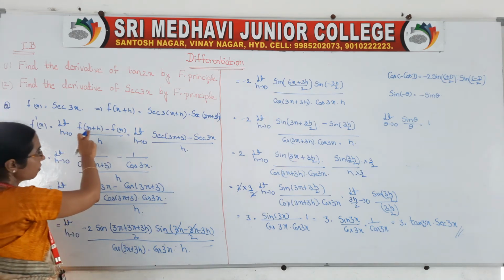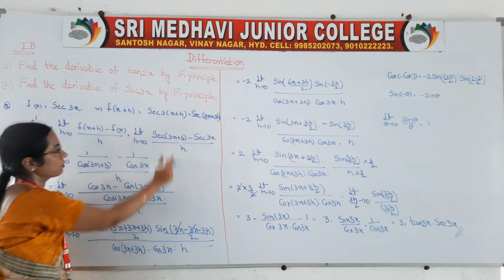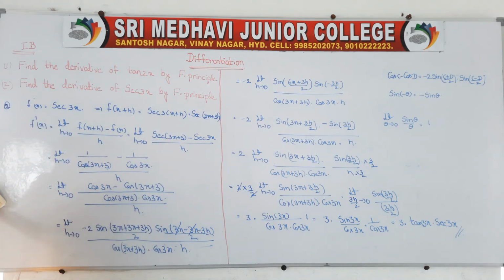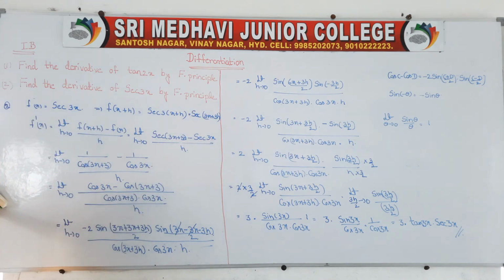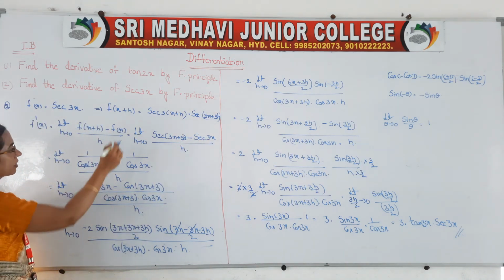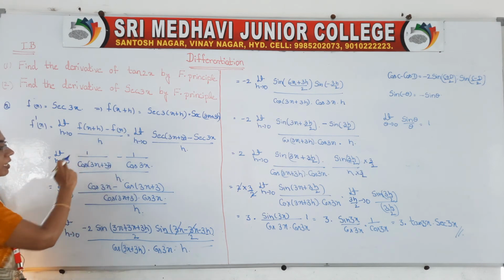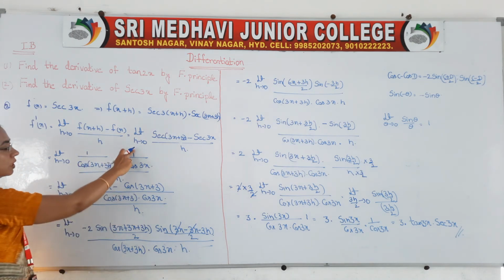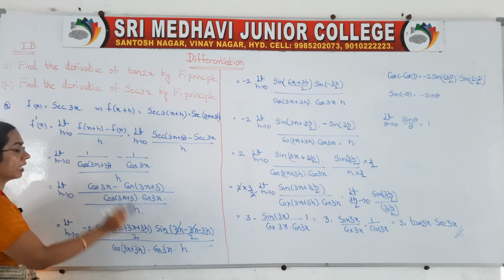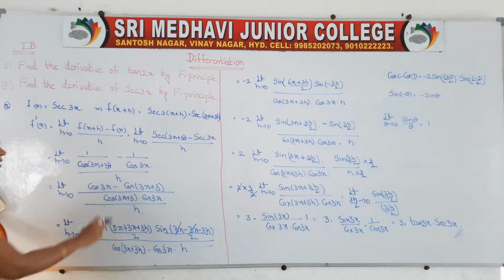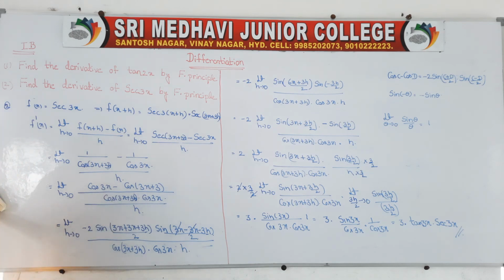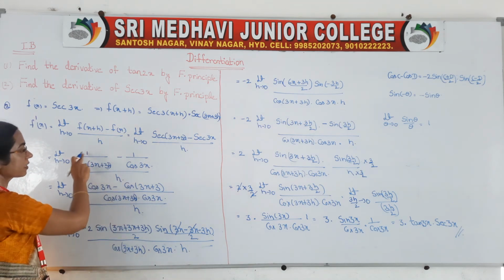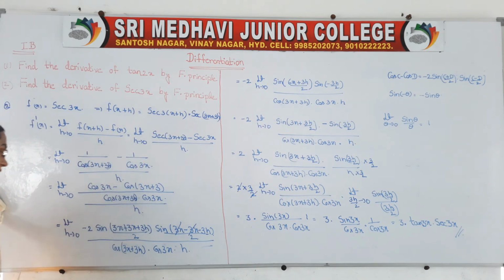In f of x plus h you substitute secant 3x plus 3h minus secant 3x. We write secant as 1 by cos, and take the LCM, which is cos 3x plus 3h into cos 3x.